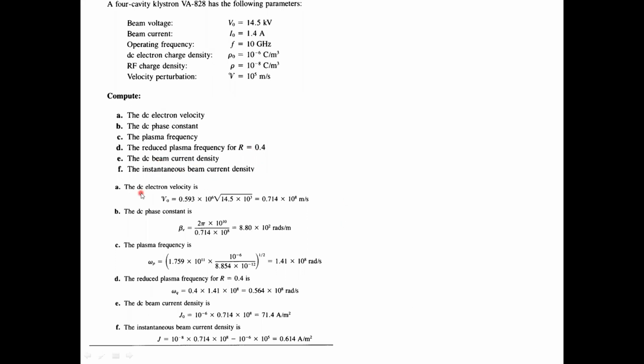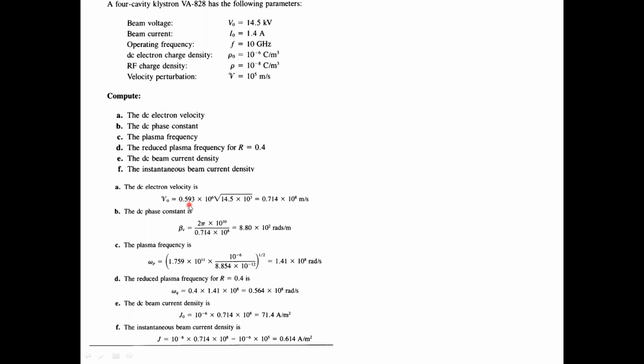So first, the direct question: DC electron velocity. We have the direct formula: 0.593 times 10 power 6 times the square root of the beam voltage. So try to implement the formula. You already know the DC electron velocity equation.